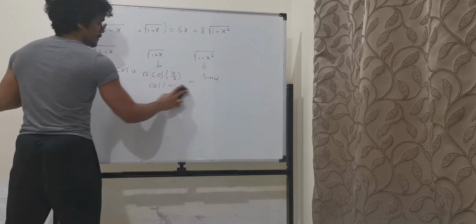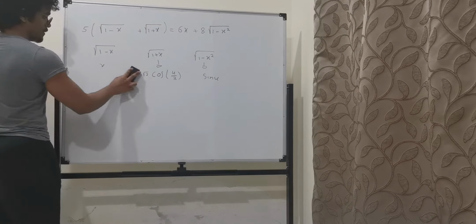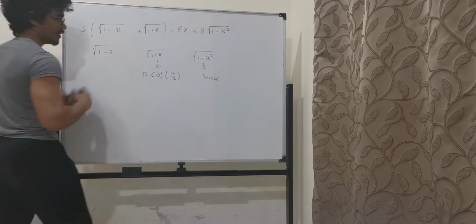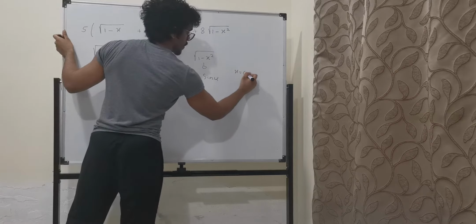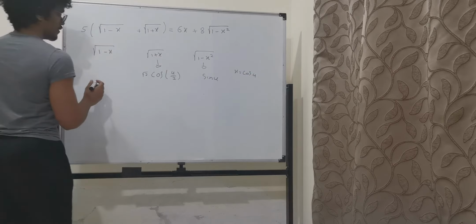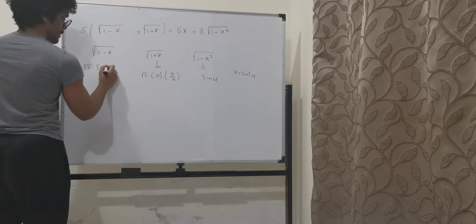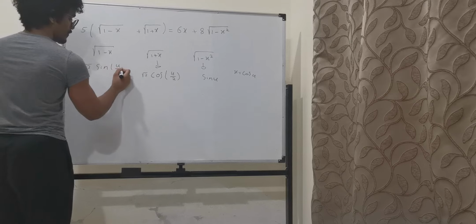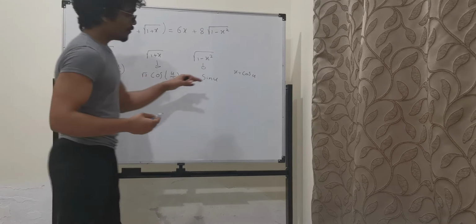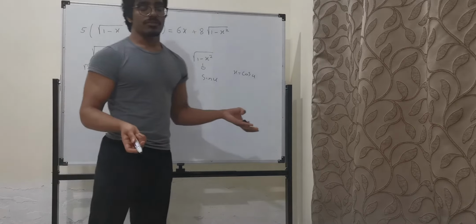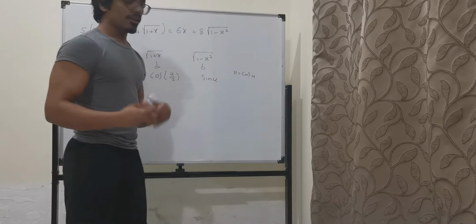And the last one, remembering that x is equal to cosine of u, will be square root of 2 times sine of u divided by 2. So we put everything in terms of trigonometric functions, which looks good.